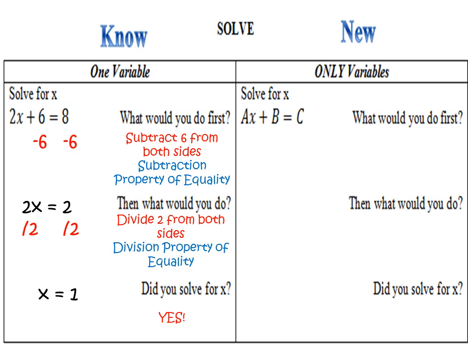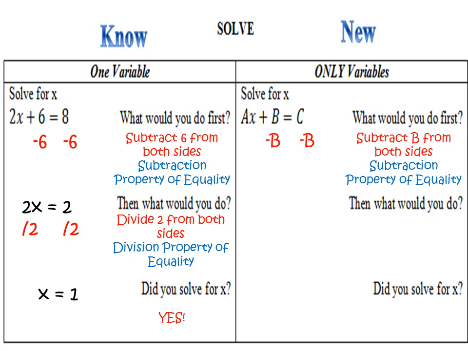Since we subtracted 6 from both sides to get 2x by itself, let's try subtracting b to both sides. This is using, again, our subtraction property of equality. However, 8 and 6 were like terms, which allowed us to simplify it to be 2. This time we have to subtract c minus b, and since they cannot combine, we leave it as ax equals c minus b.